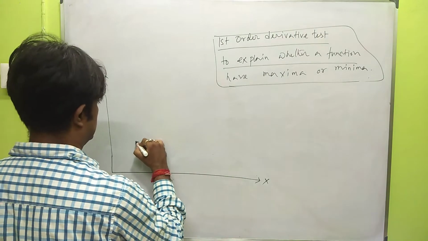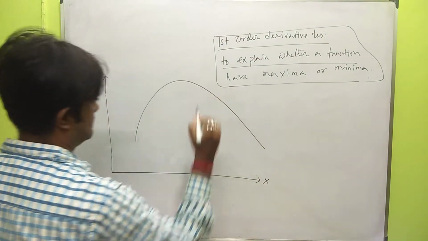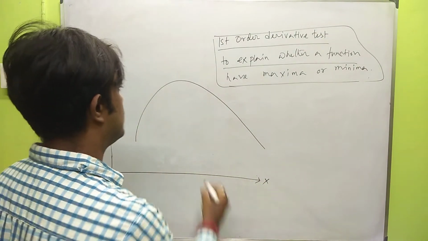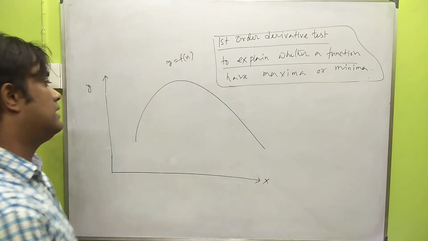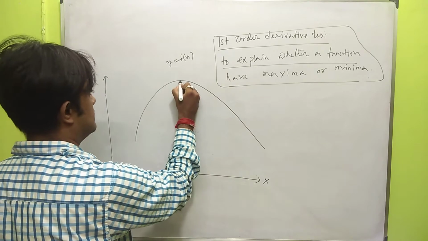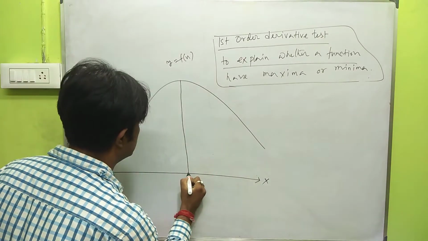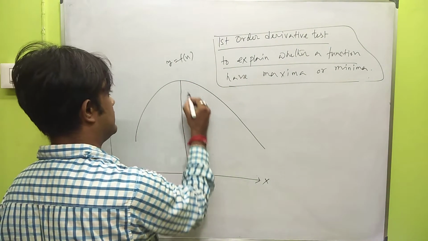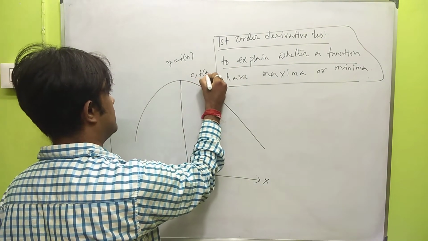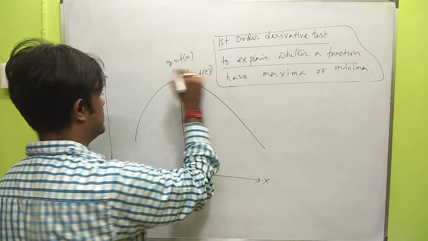Suppose this is y is equal to f(x), and suppose this is c. This is f of c. This point will be c comma f of c.